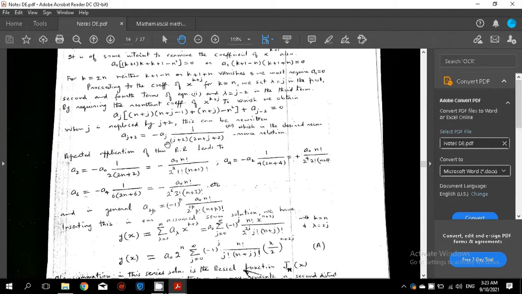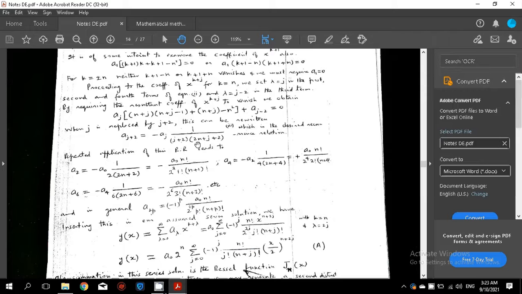You must keep in mind that this is the recurrence relation: A_{j+2} is equal to minus A_j over (j+2)(2n+j+2). You know that n is positive for the first root of the indicial equation, which we took as k equal to plus n, and the other root is k equal to minus n.